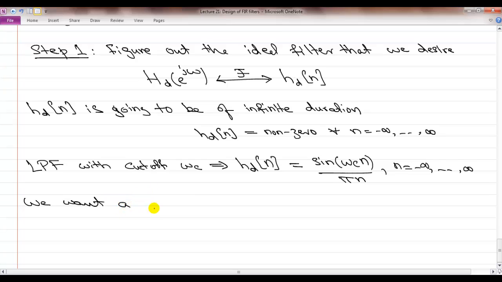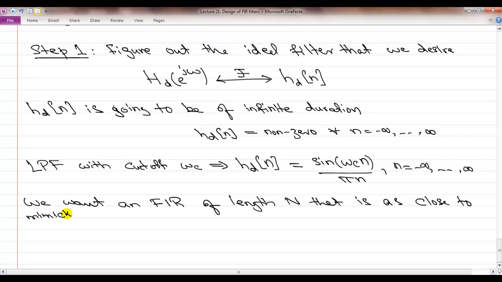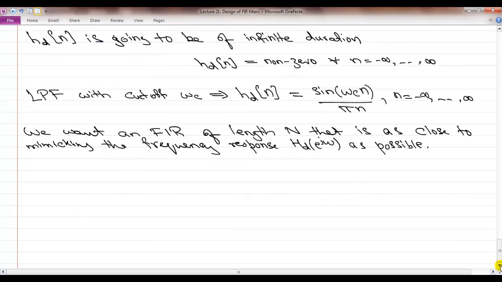So we want an FIR filter of length N that is as close to mimicking the frequency response H_d(e to the j omega) as possible.